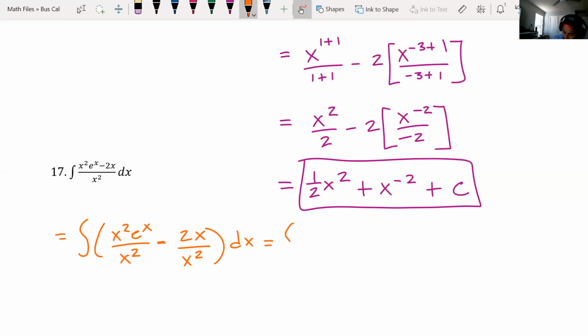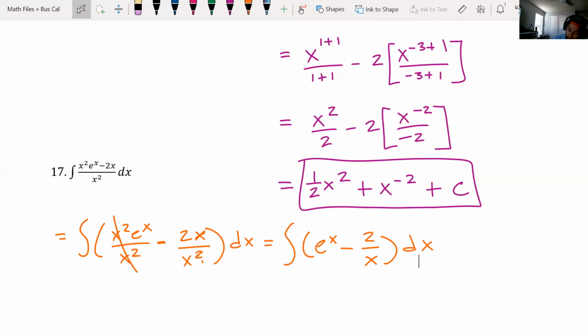Then simplify, and your x squareds over here will cancel. So you'll just get e to the x minus, and then 2x over x squared, your x's will cancel and leave you with 2 over x dx.